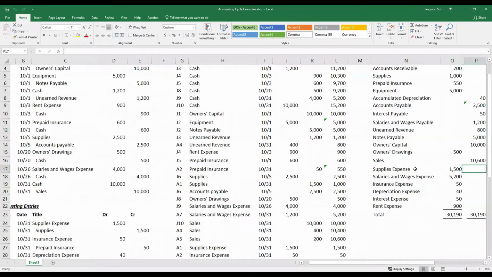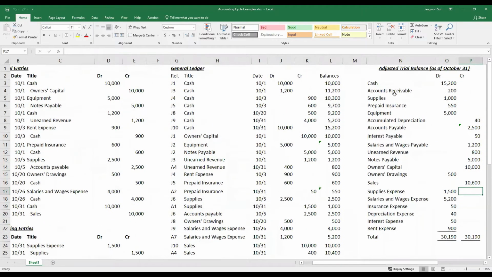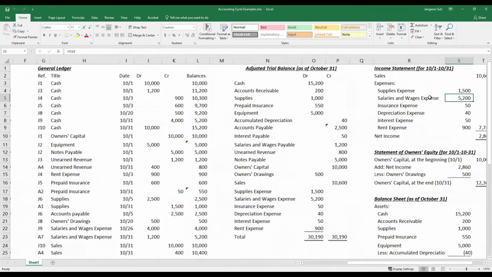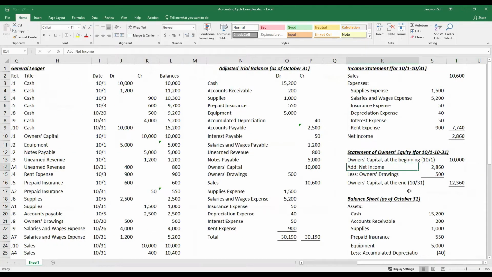We've prepared in the past videos, chapters, the income statement, owner's equity statement, and balance sheet, right? Based on the adjusted trial balance, right? For example, sales was from the adjusted trial balance, all the expenses the same, right?